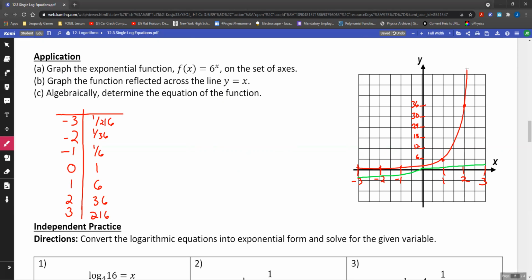So my function is going to be a little bit hard to draw. So here, remember, we're basically flipping the x and y terms.